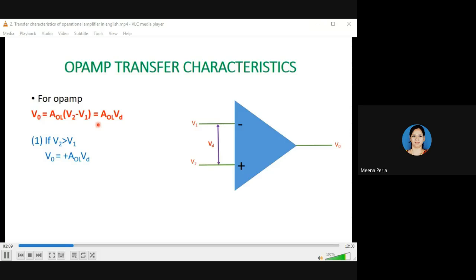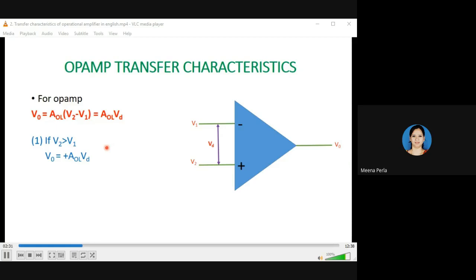So the output voltage is equal to open loop gain AOL multiplied by V2 minus V1, which is equal to AOL into Vd. So we are going to take some cases for drawing the transfer characteristics.